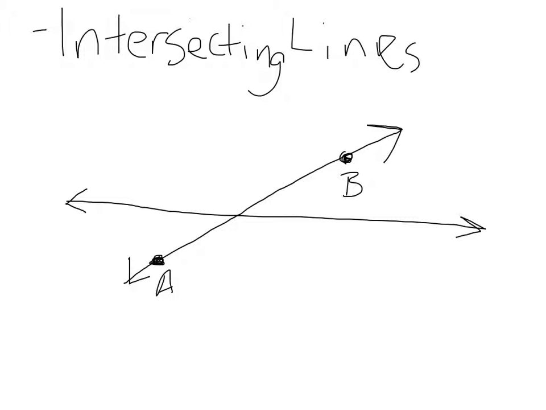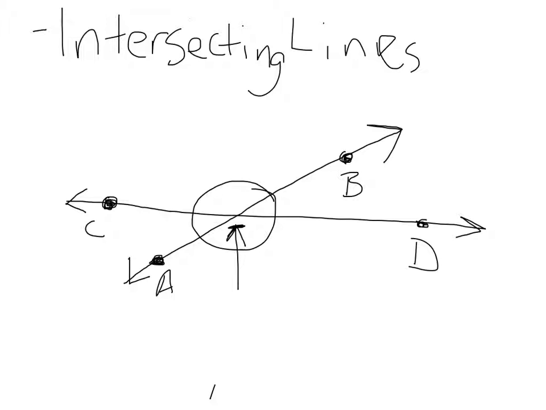And this will be line CD. Here's point D. So right here in that region, that's where those two lines intersect. This is the portion that makes them intersecting lines.